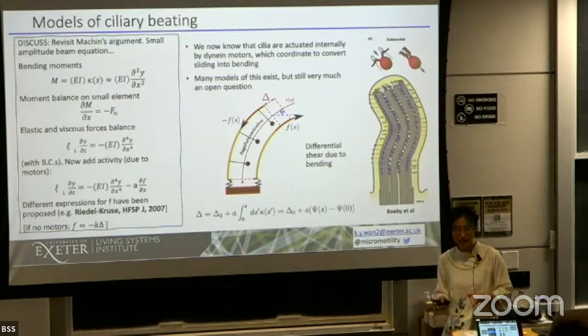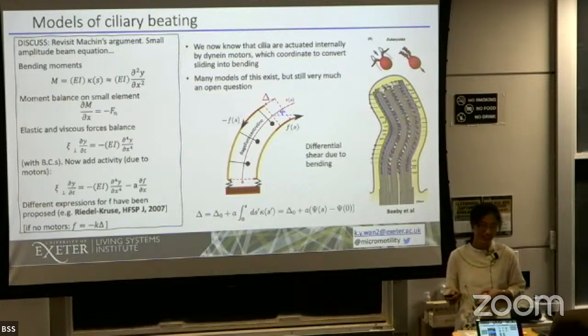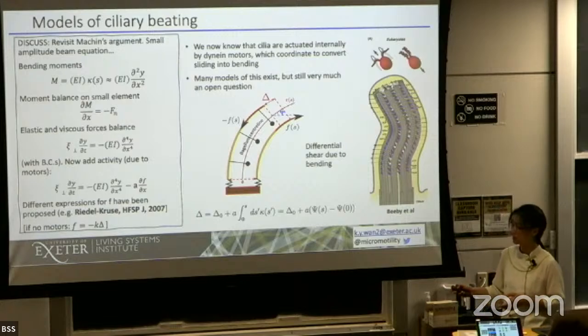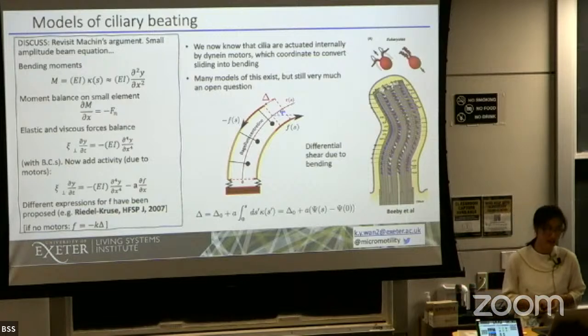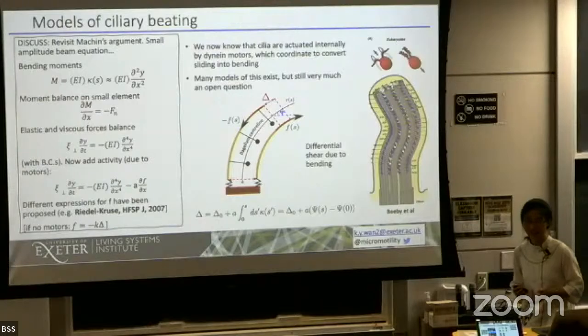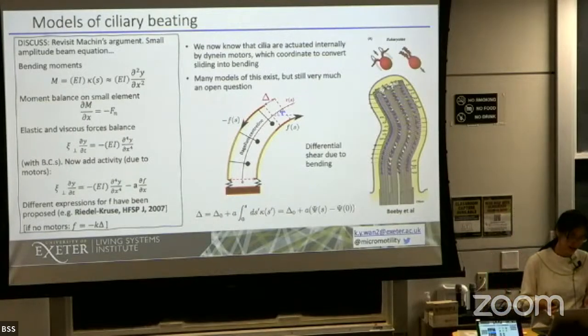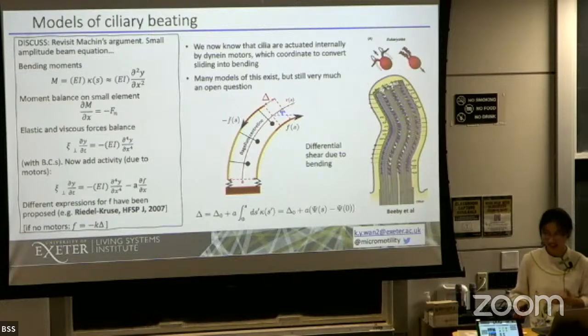So in certain regimes, you can get beat patterns, meaning solutions to this equation that resemble what you find in real cilia. But does that really mean this is the underlying mechanism? I don't think you can quite make that connection.